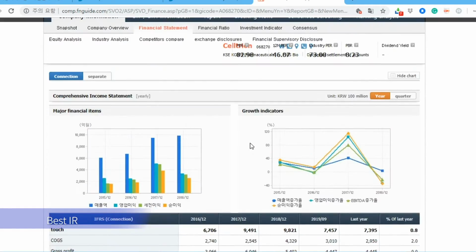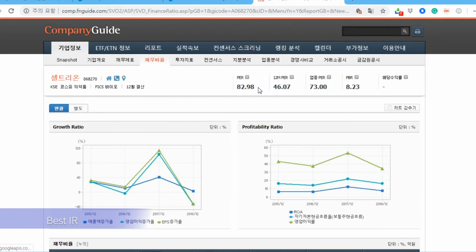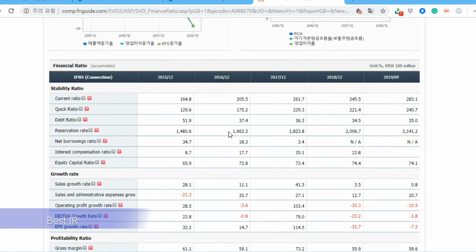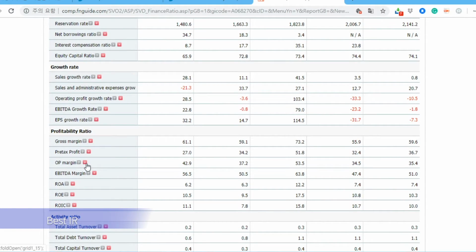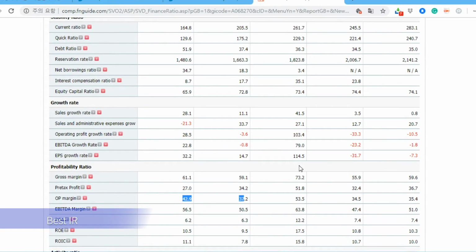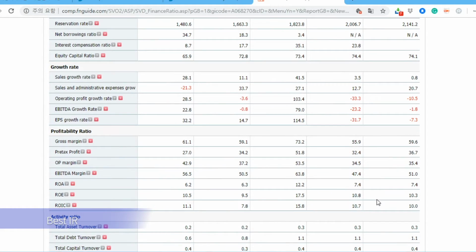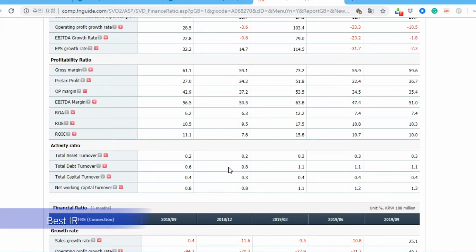What else do we have here? And then you have financial ratios. I like to look at the operating margins. This company has very solid, lucrative operating margins, like 30% lowest and 50% highest. So their average is around 40%. That's pretty good margins for a bio company.